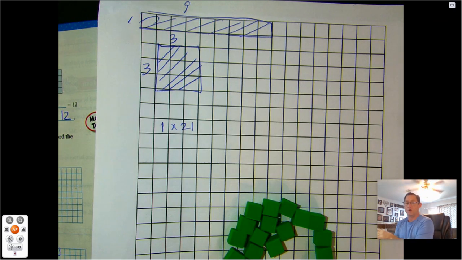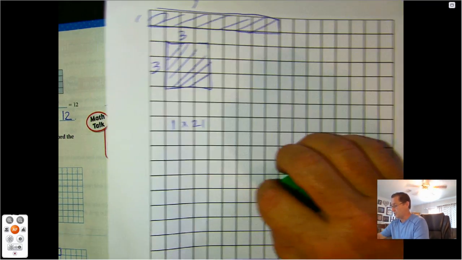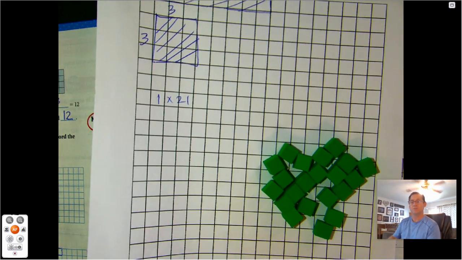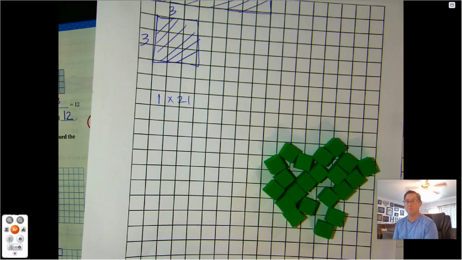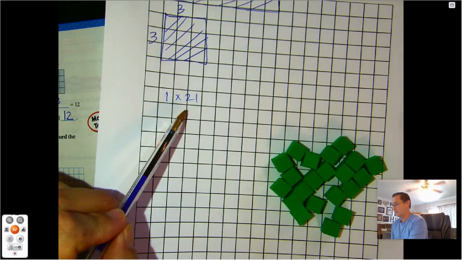All right, so 2. Will 2 work? I'm not going to try 2 because 21 is not even. So 2 is not a factor of an odd number. 3.